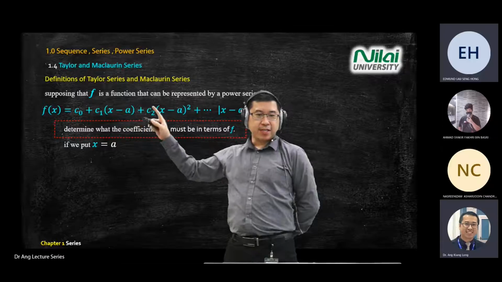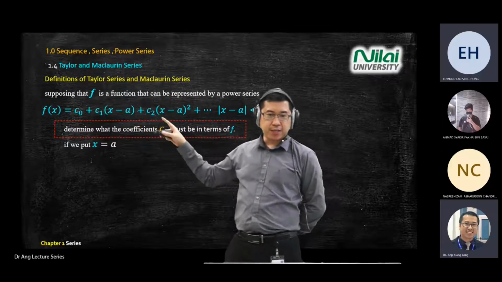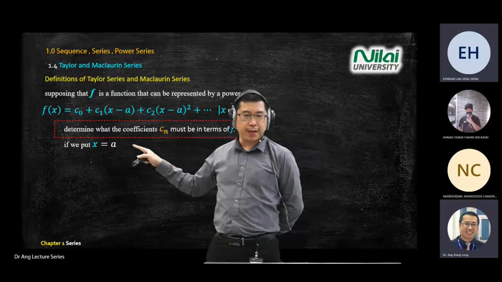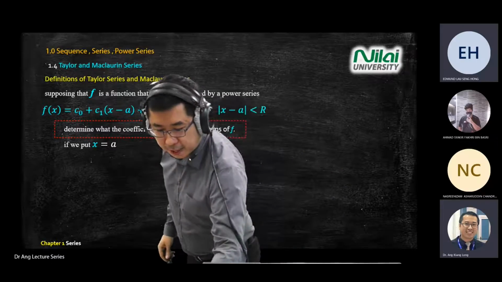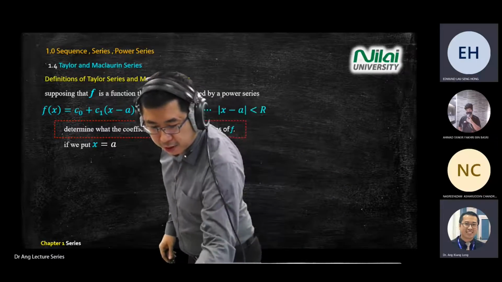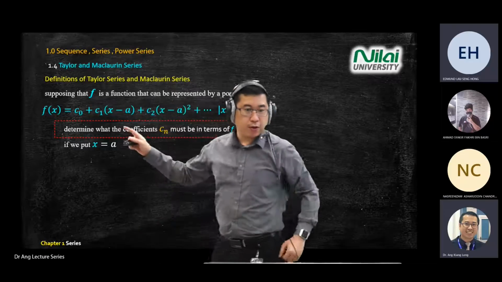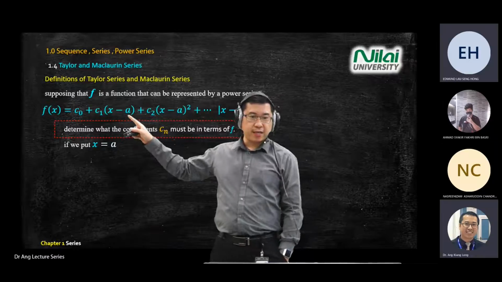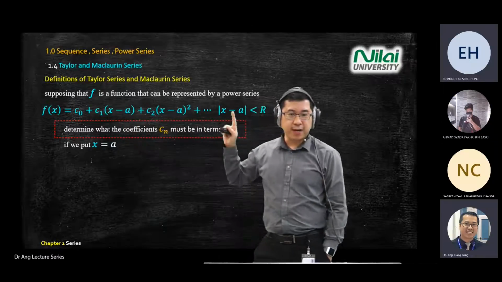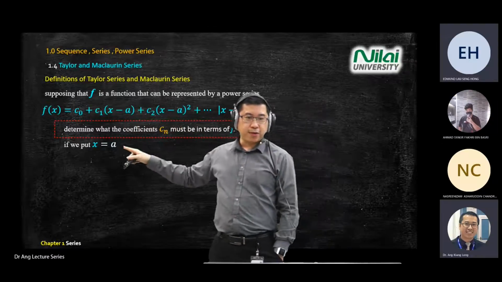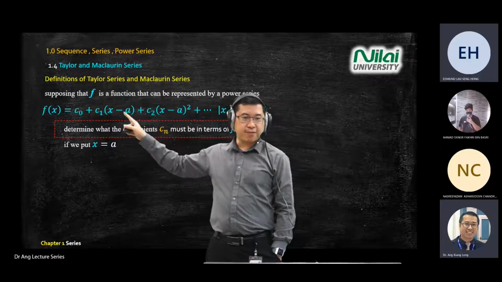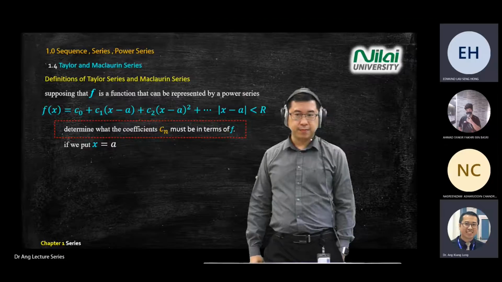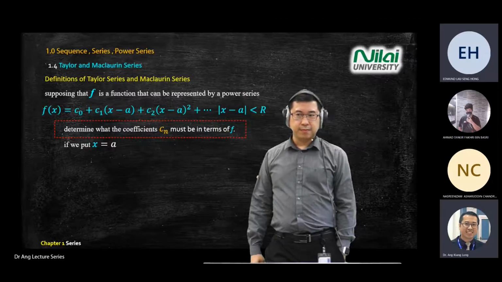Now, just continue the question I asked Edmund just now, Shakir. If you add this whole power series together, but now your x equals a, what is the final answer if you add all the numbers together? 0, sir. 0.